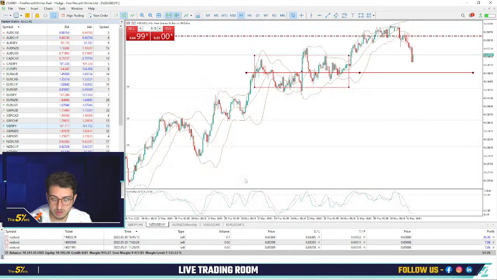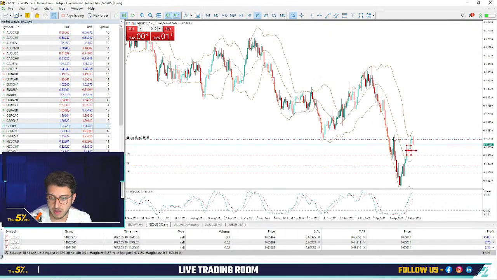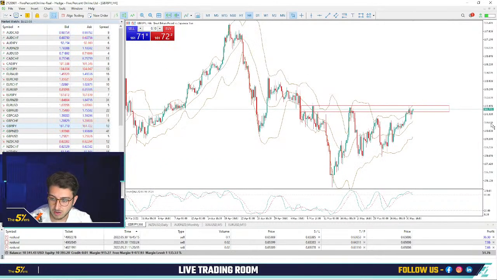For me on the New Zealand, for example, this was quite straightforward. Selling at the supply here, having a very tight stop loss above the high, and that's it. Go for it. It was very clear. When it's confusing and you don't have the best signal for your trades, I prefer not to do anything.